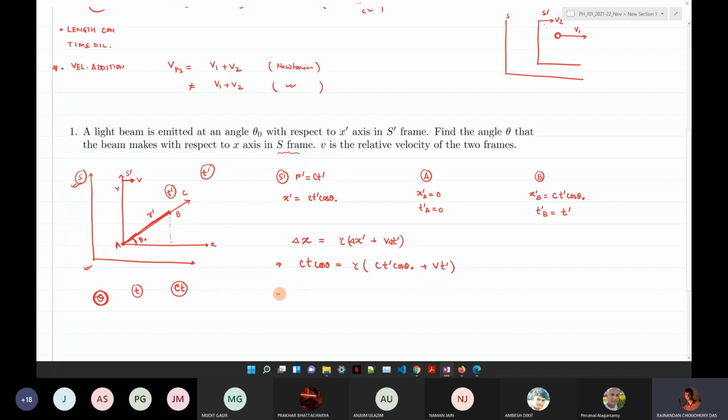Now we just have to simplify. We can use either expression for t or t prime. Let us use the expression for t, so c cos theta times t, where t is gamma times (t prime plus v by c square x prime).